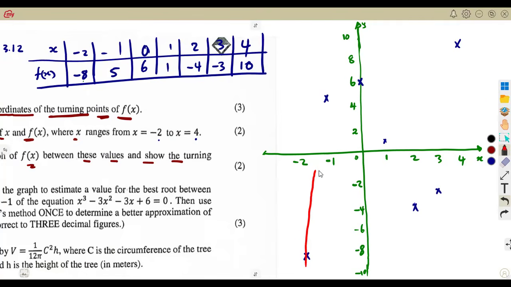You're supposed to join these points. So like I said, guys, as for me, I'm just going to have a sketch. Remember our turning point was between -0,4 something there. So this is supposed to go to a turning point, and then after reaching the turning point, it goes back.